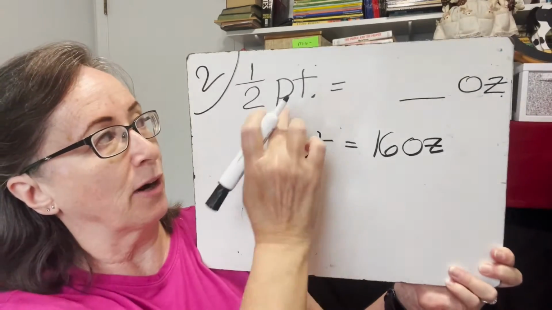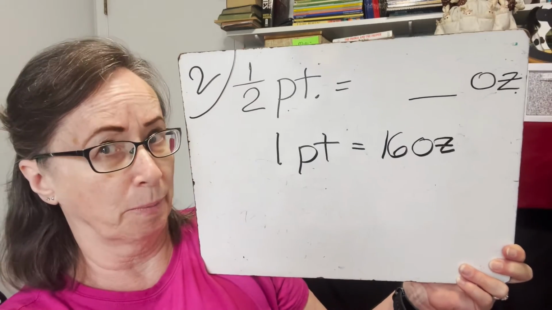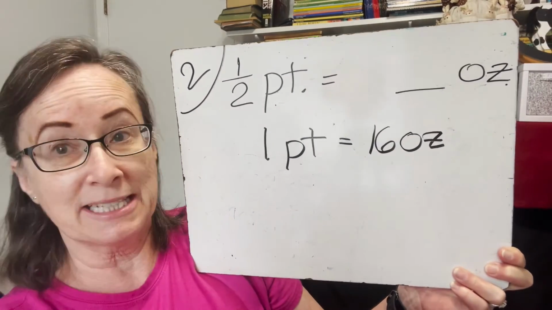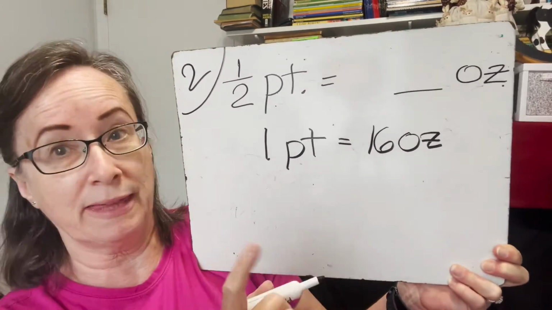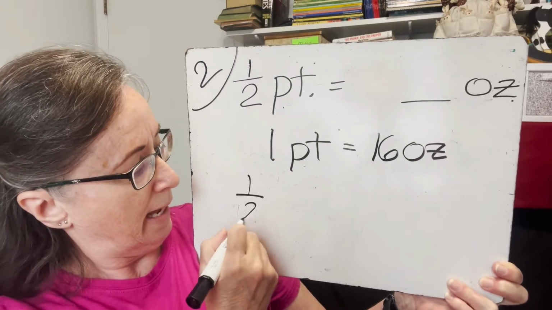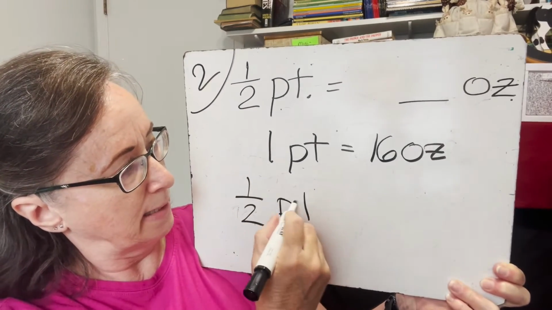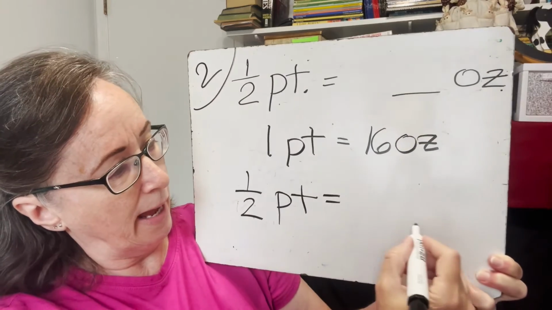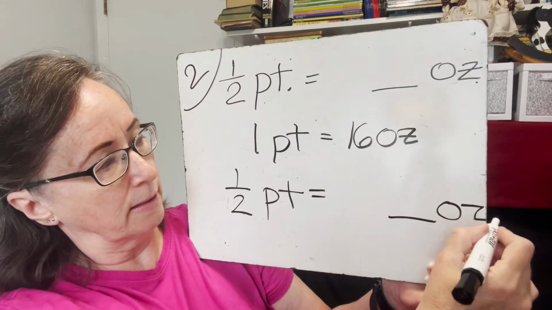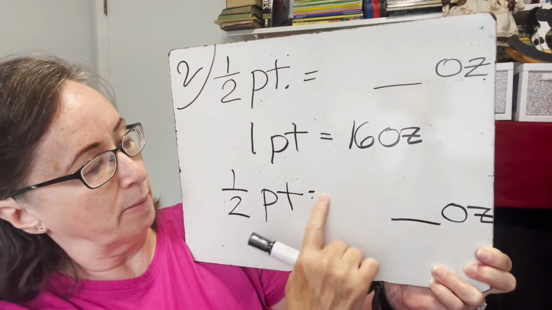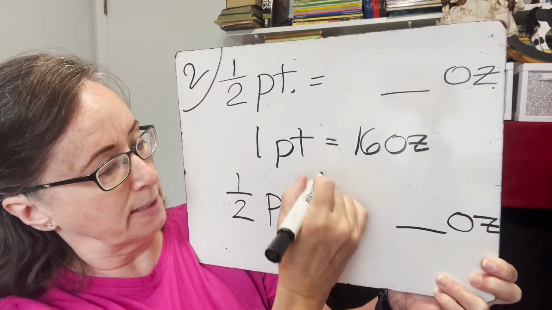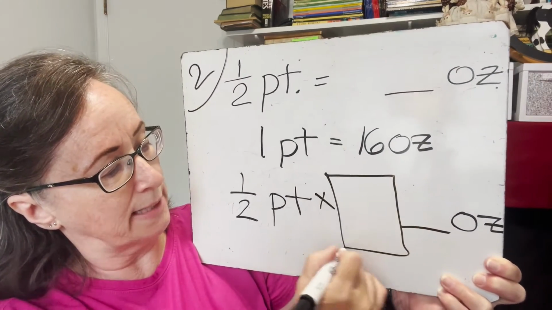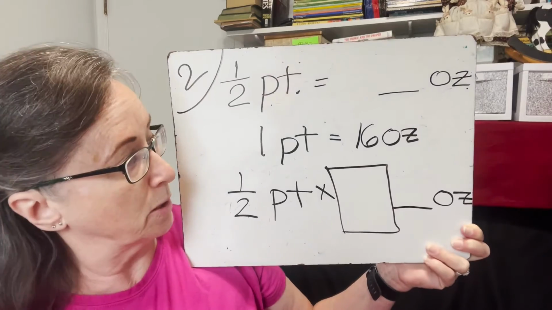But I'm looking for a half a pint. So you could probably do that in your head. But let's not do it in our head. Let's do it with the equation: 1/2 pint equals how many ounces? Okay, so now I'm going to take off my equals, put times, and think of what relationship I'm going to multiply by.